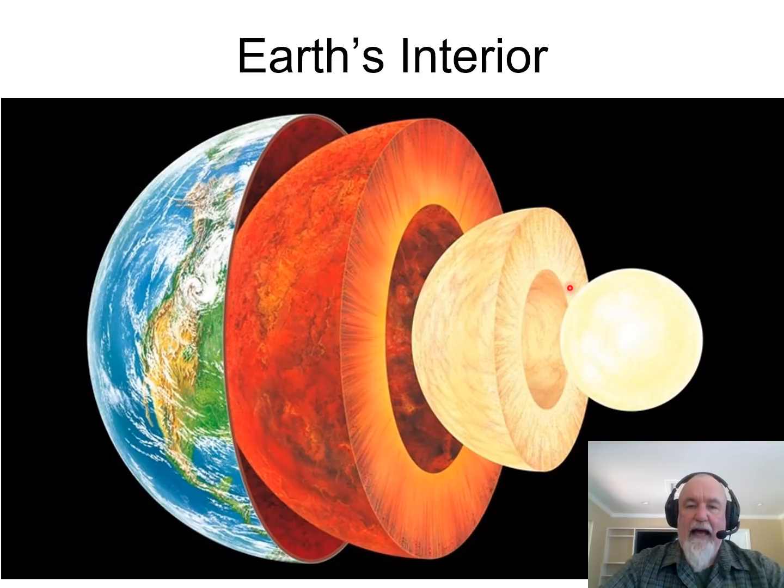This is referred to as the outer core. That's our only liquid layer. And inside that, the pressure is so great that we have an inner core which is solid in composition. So we've got solid, liquid, mostly solid, solid. Crust, this is referred to as a mantle, outer core, inner core.